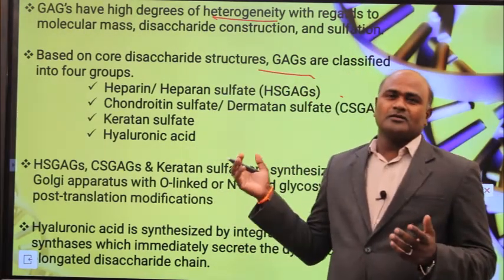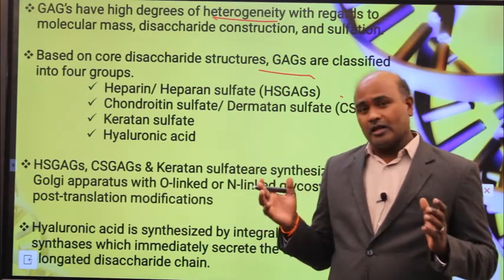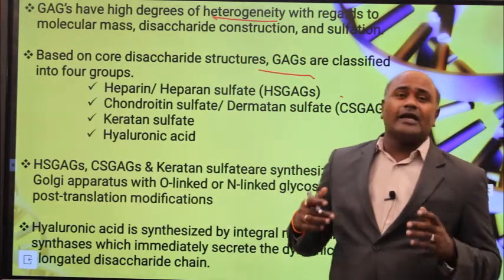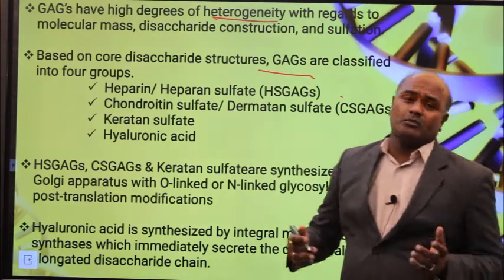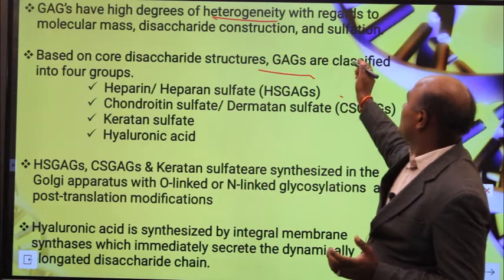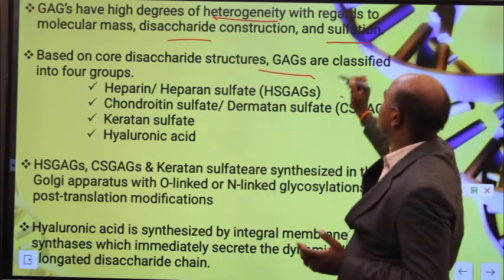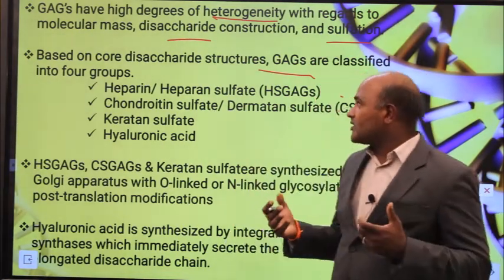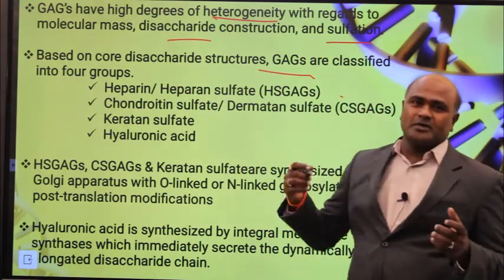So, coming to glycosaminoglycans, GAGs have a high degree of heterogeneity with regard to molecular mass, disaccharide construction, and sulfation. Because of this, they have a very high degree of heterogeneity based on core disaccharide structures.